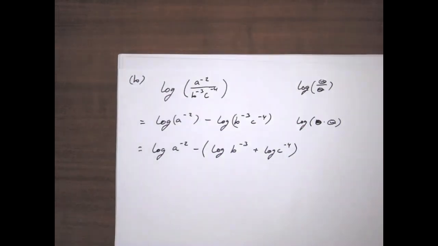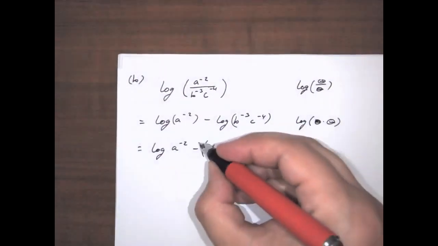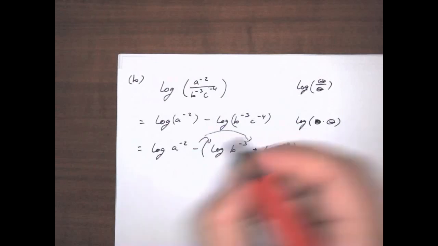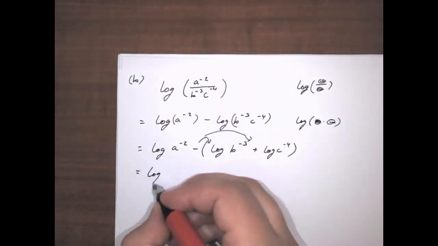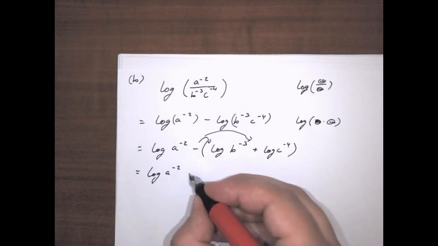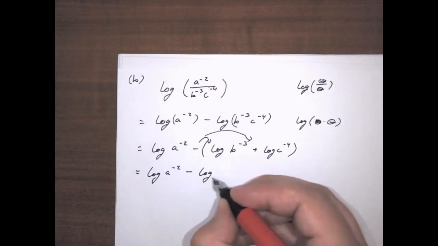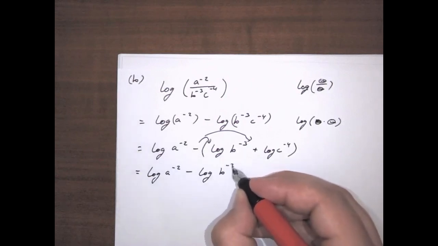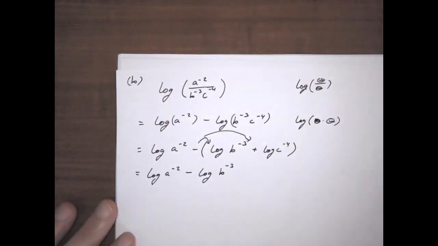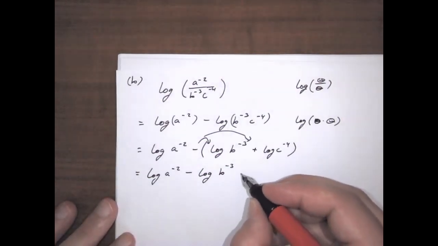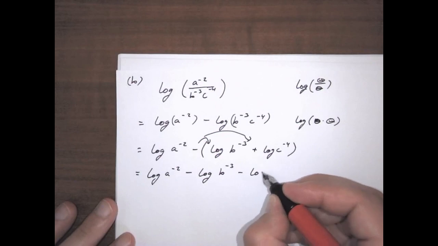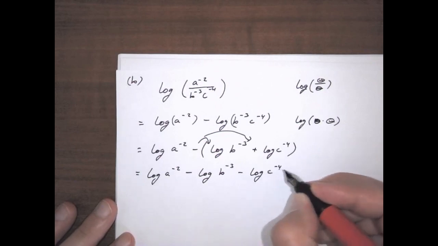But because of this negative, it's going to distribute to both of these. So we're going to have log a to the negative 2 minus log b to the negative 3 minus log c to the negative 4.